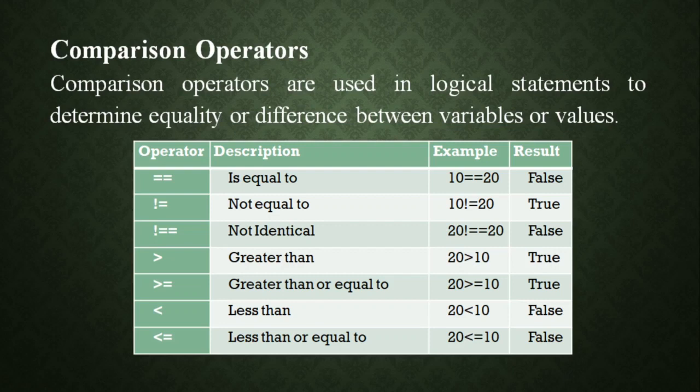If it is not equal, either it may be a greater value or a lesser value. For equal to, we use the double equals symbol. So here in this example, 10 equals 20. Result is false. Similarly, for representing not equal to, exclamation mark equals. Not identical, exclamation mark double equals. Greater than or equal to, less than or equal to.